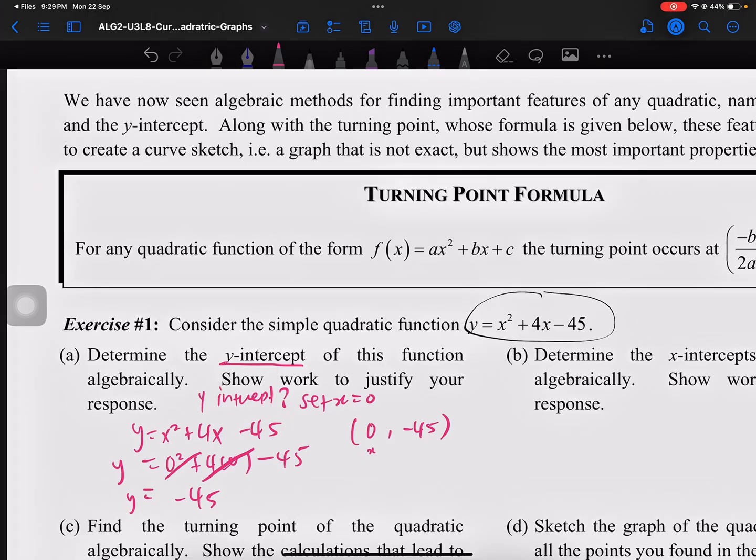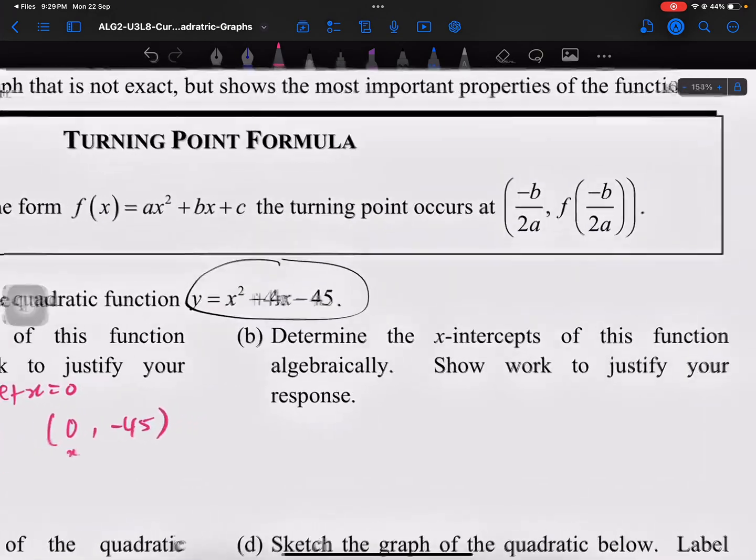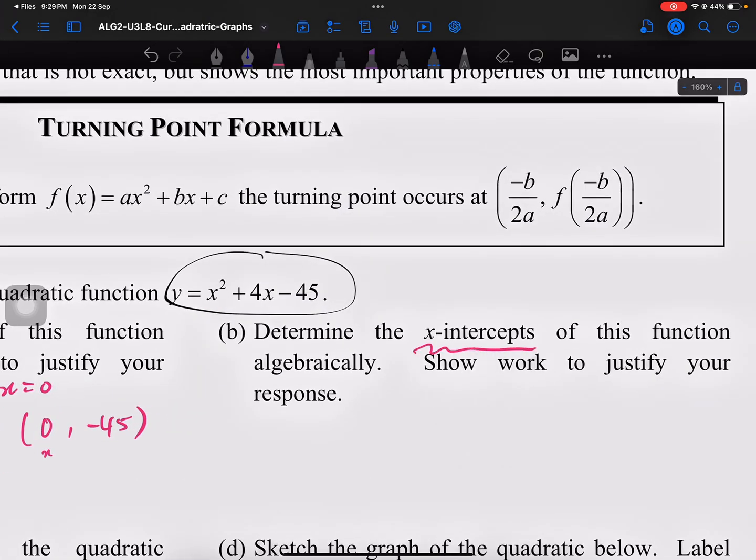For B, now this determines the x-intercept. When the question asks for the x-intercept, this time the graph crosses the x-axis, so y equals 0. From this equation, we set y to 0.